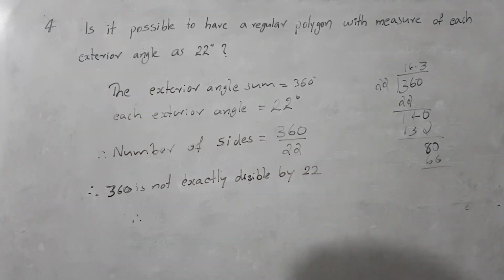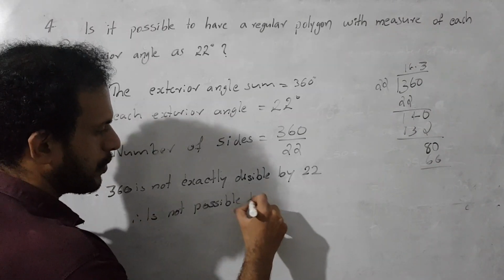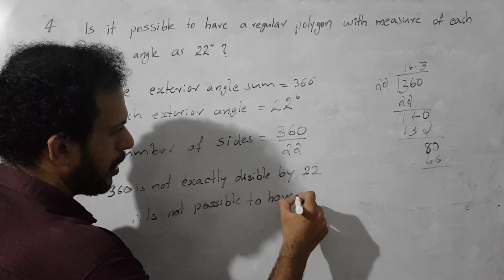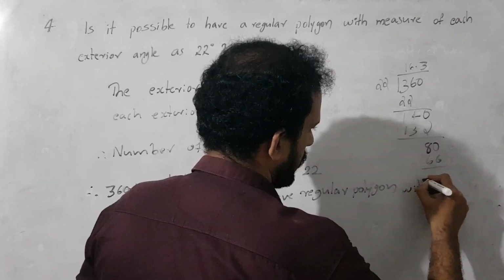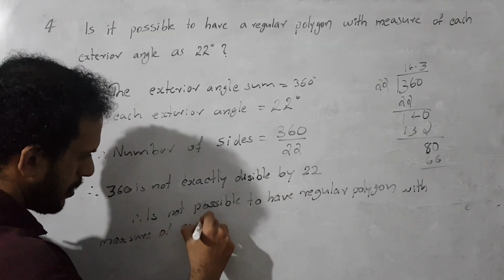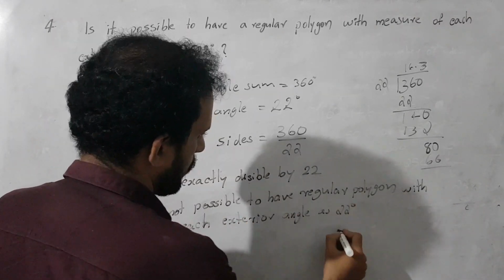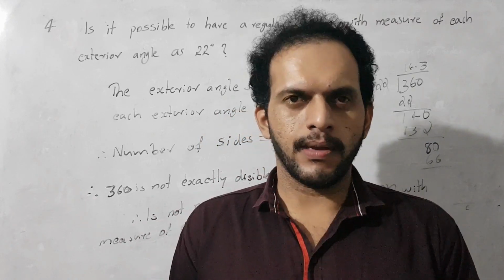Therefore, it is not possible to have a regular polygon with each exterior angle of 22 degrees. What is this idea?